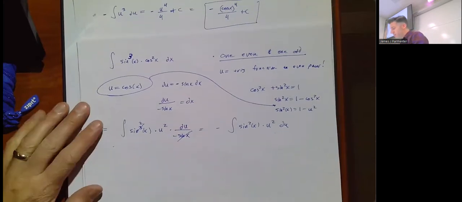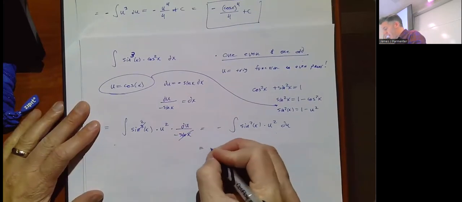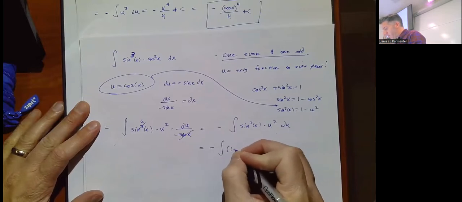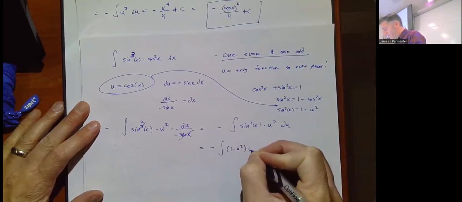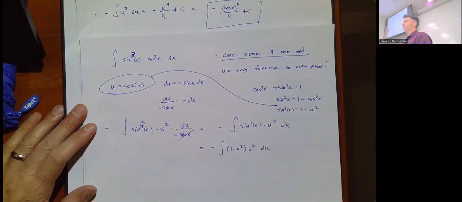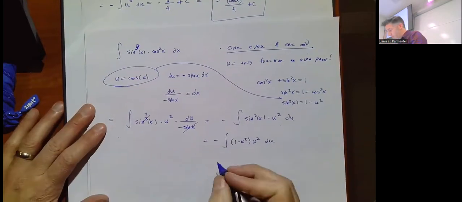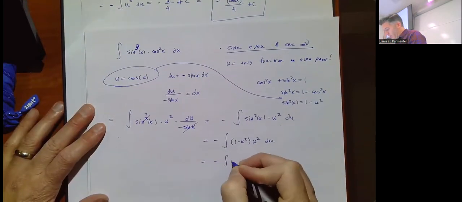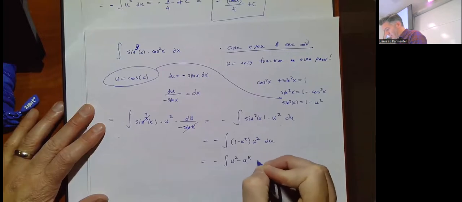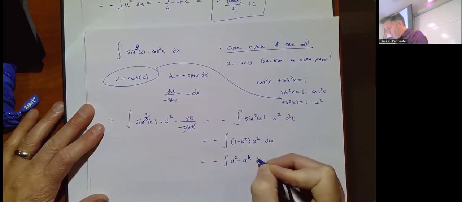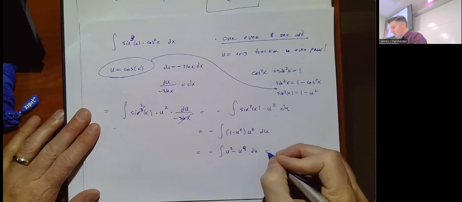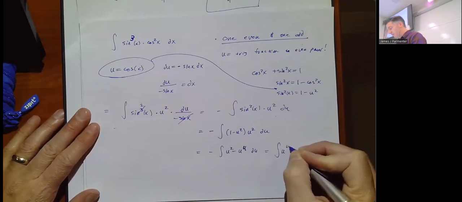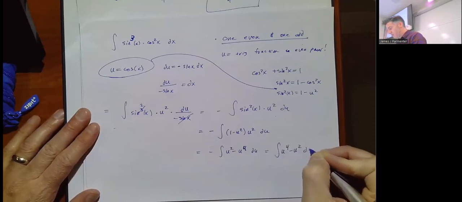It's kind of weird. It's not that weird though. This is going to be negative integral of 1 minus u squared times u squared du. Then we distribute. We get negative integral of u squared minus u to the 4th du. If you're me, you would probably say, well, that's just the same as the integral of u to the 4th minus u squared.